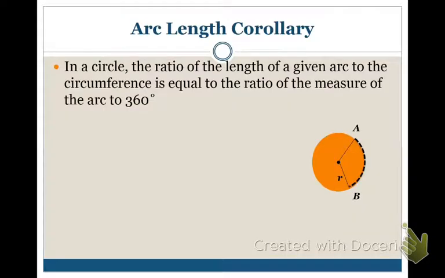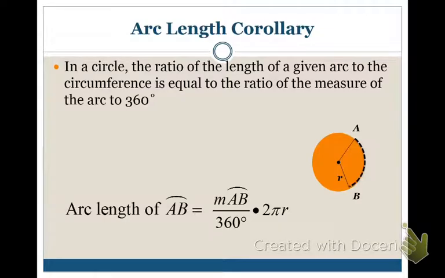All right, now we're going to do arc length. In a circle, the ratio of the length of a given arc to the circumference is equal to the ratio of the measure of the arc to 360. So what this is saying is, I can find the arc length of AB if I take the measure of AB with the measure of that angle. That gives me the fraction of the circle the arc length covers, right?